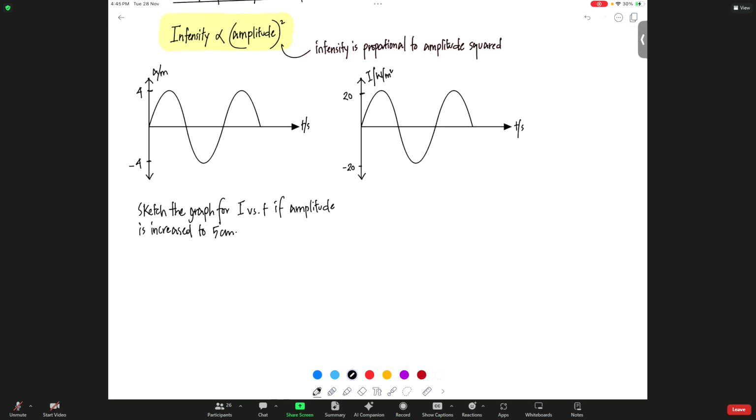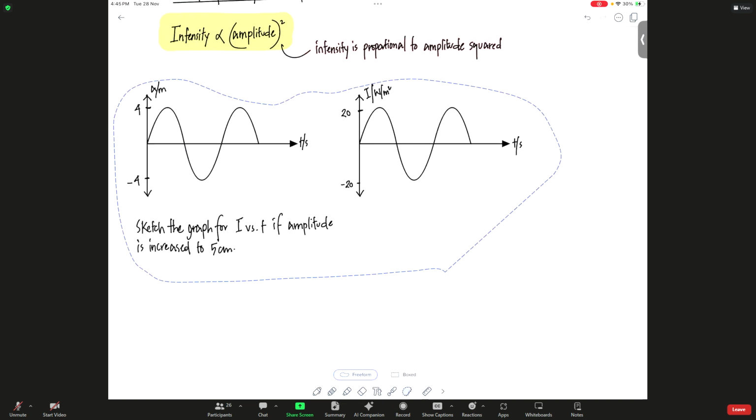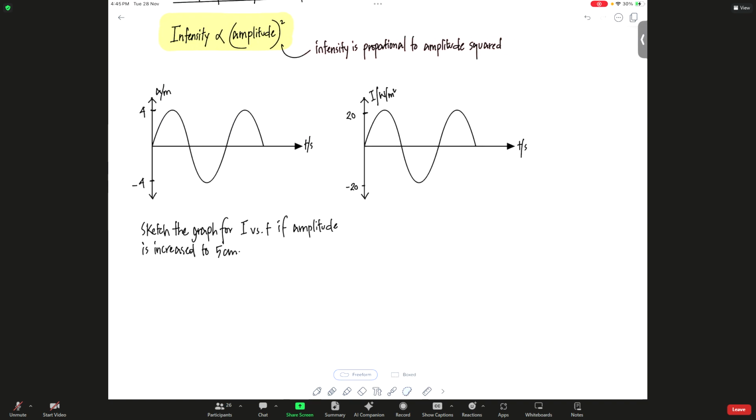Let's see your math skills. So yeah, sketch the graph for intensity versus T if amplitude is increased to 5 centimeters.